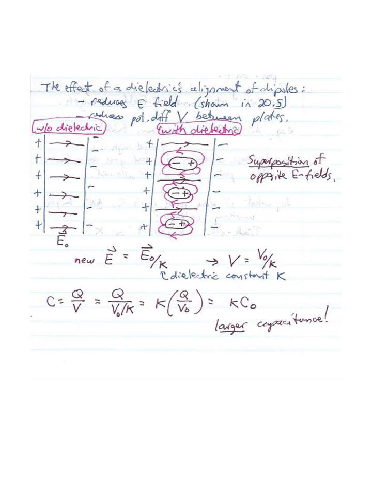Now, capacitance, remember, is charge on one of the plates divided by the voltage difference, but now we're replacing V with V naught over kappa. So dividing by kappa, we move kappa out to the side, and it becomes kappa times Q over V naught. Well, let's replace Q over V naught with C naught, the original capacitance.